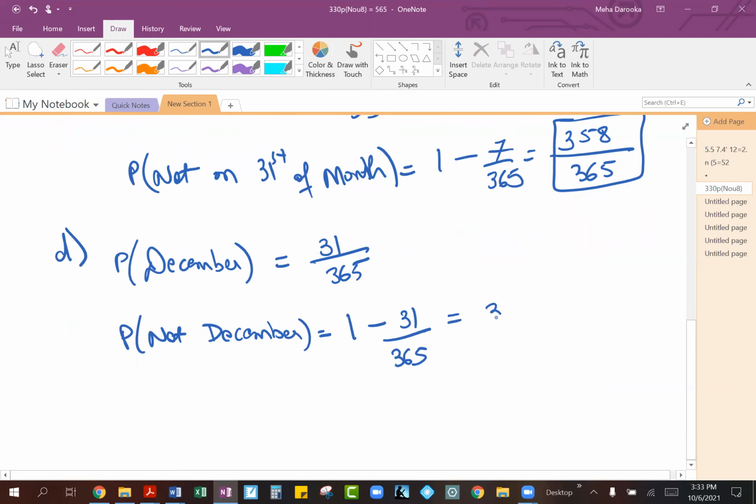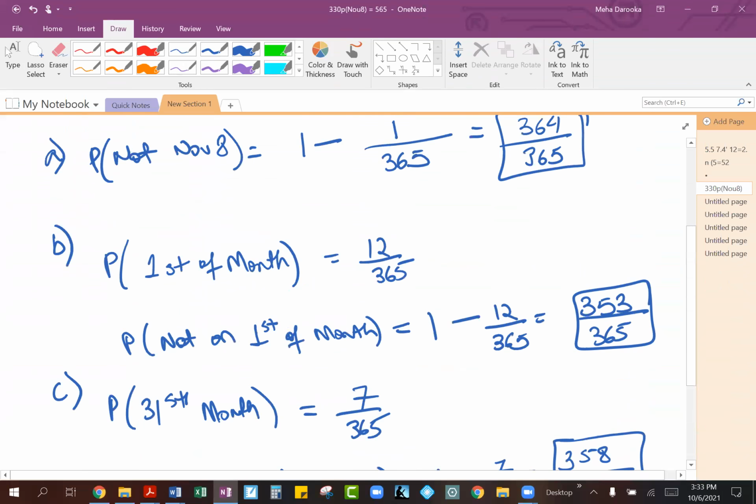If they were not born in December. And this is going to be true, the 334 out of 365, for any of those 7 months where you have 31 days. So that probability will stay the same. So January, March, May, July, August, October, December, all of those months will have the same probability.